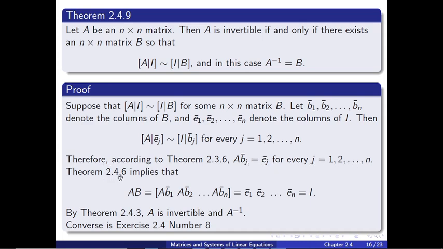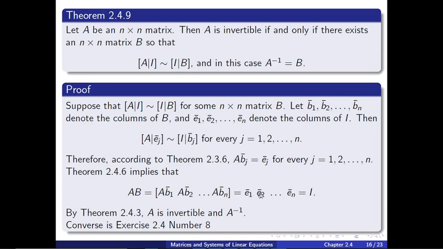So therefore, theorem 2.4.6, which tells us about a convenient way of writing the product of A and B, we know that AB becomes [AB1, AB2, up to ABn], where AB1 is column 1, AB2 is column 2, up to ABn, which is column n. There's some brackets missing here.